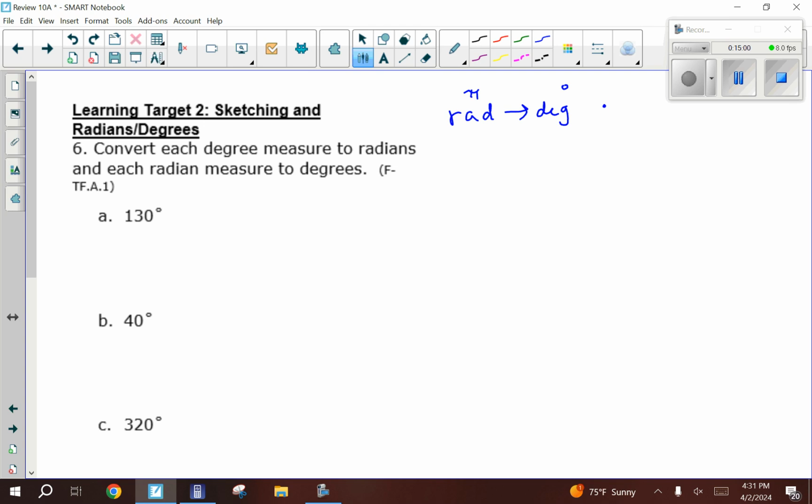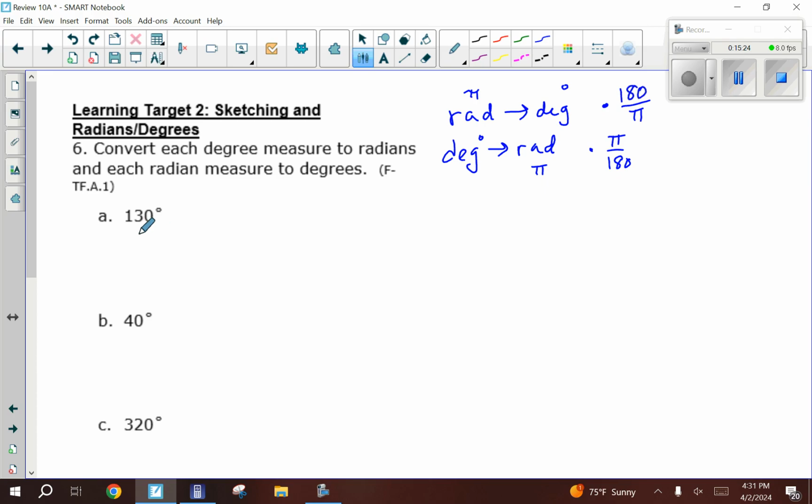So that means on this type of problem, we have to multiply by 180 over pi, so that way the pi's cross out. If we have degrees to radians, remember the radian has the pi, the degree doesn't. It's got the little symbol for degree. So that means we need to give it the pi. So pi goes on top and then 180 goes at the bottom.